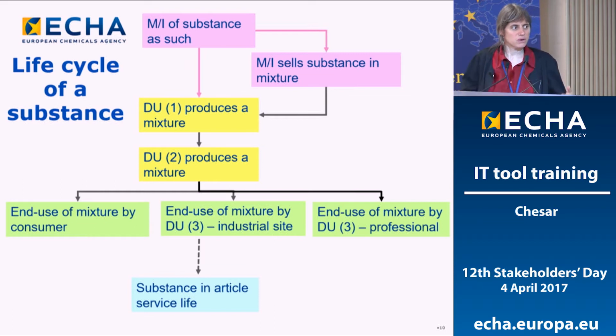Then the substance may go to different end uses, either end use by workers at industrial sites, or by workers but more in a widespread manner, so by professional workers, or it can be used by the consumer. So all this needs to be assessed, and then the substance, or the mixture, may be incorporated into articles, and there is the need to assess the service life of the article. So the full life cycle is to be assessed.